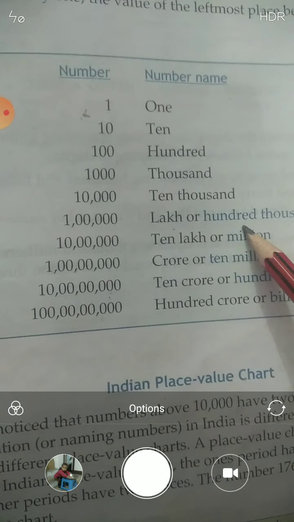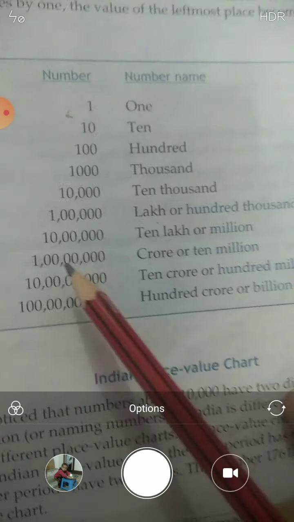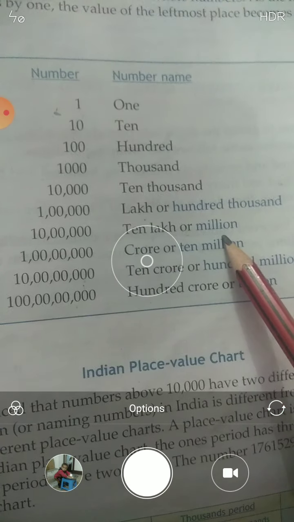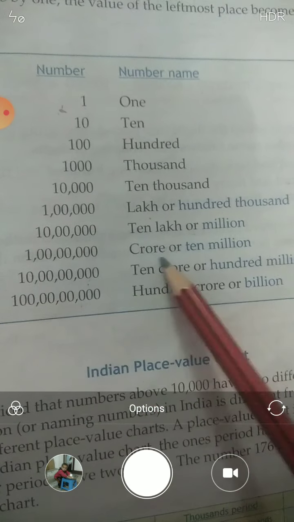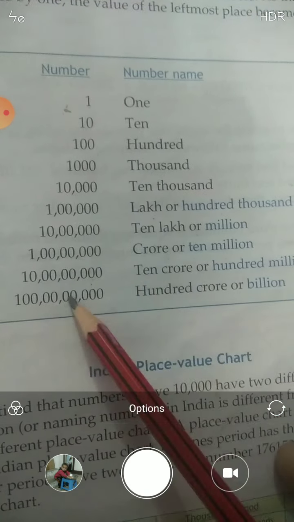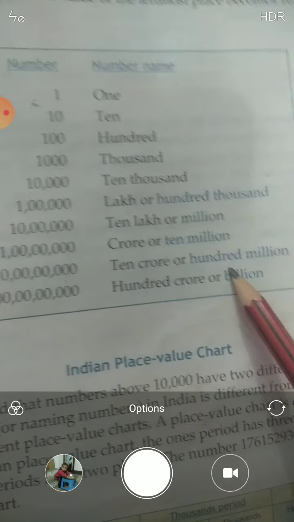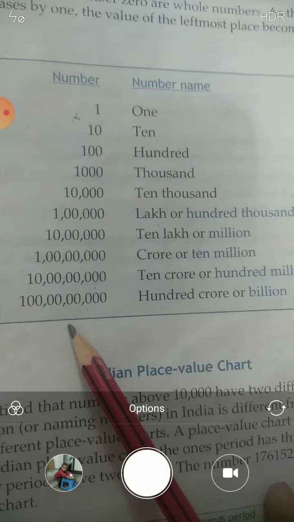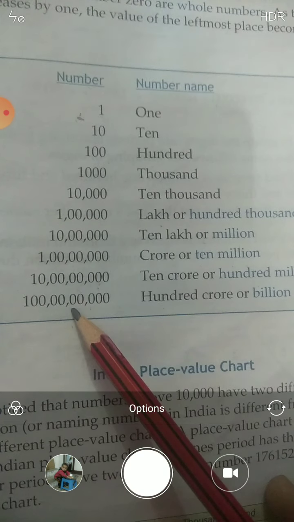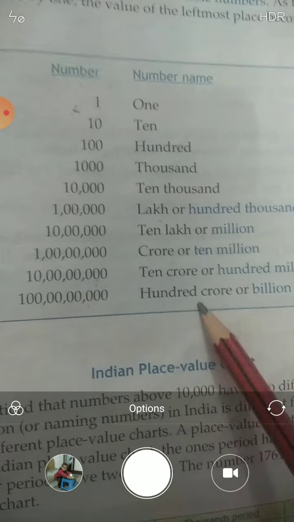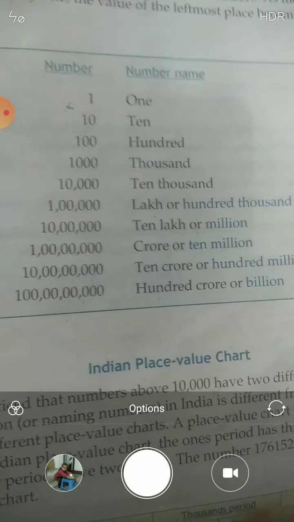In the international system, 100,000, 10 lakh or million. Then this is crore or 10 million. This is 10 crore or 100 million. Every number is increasing 10 times. 100 crore or billion.